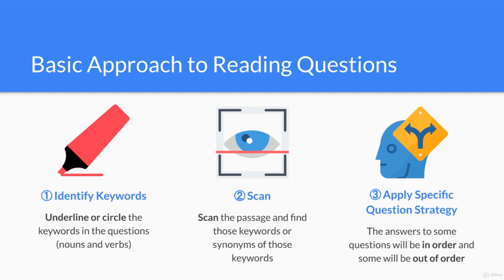So the answer to question number 1 is going to come before the answer to question number 2. And the answer to question number 2 is going to come before the answer to question number 3. This is because they are in order. On the other hand, there are some questions that are going to be out of order. So the answer to question number 10 might come before the answer to question number 5 because they are not in order.